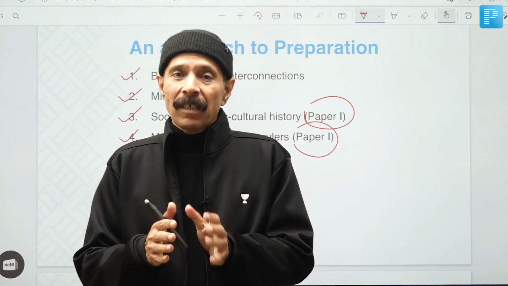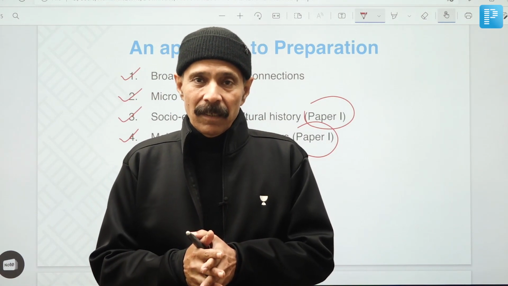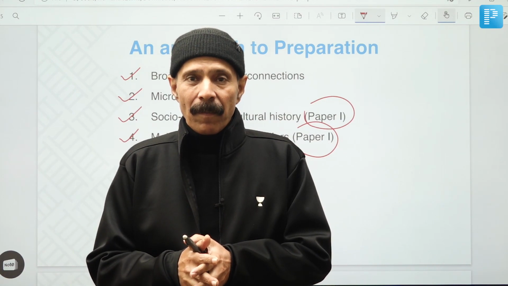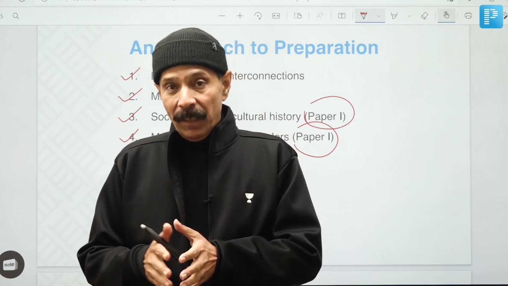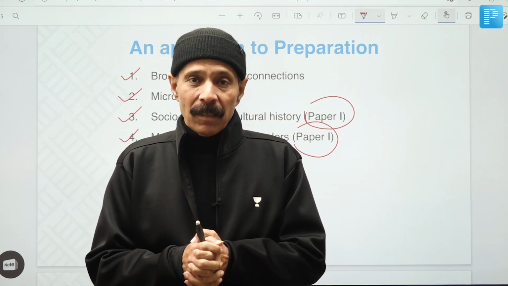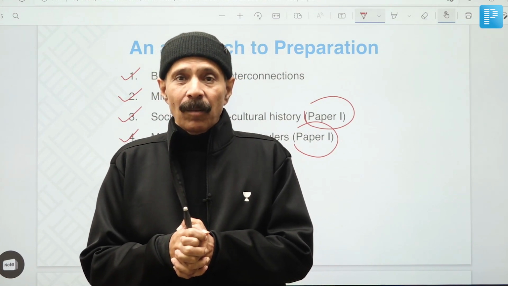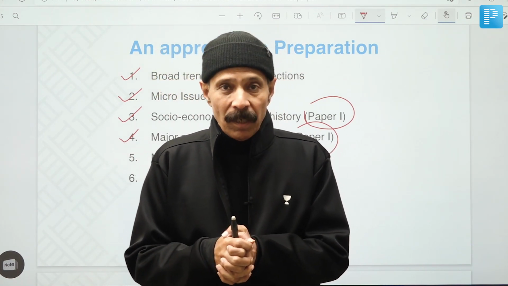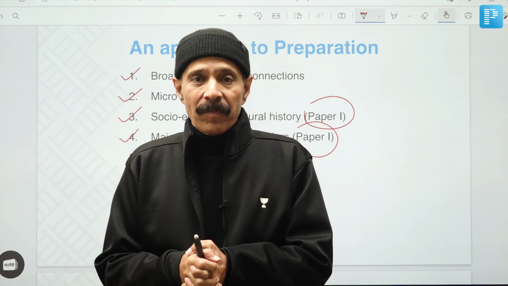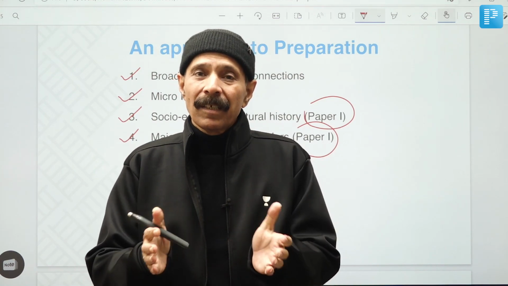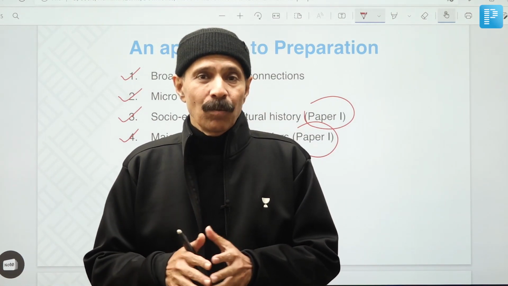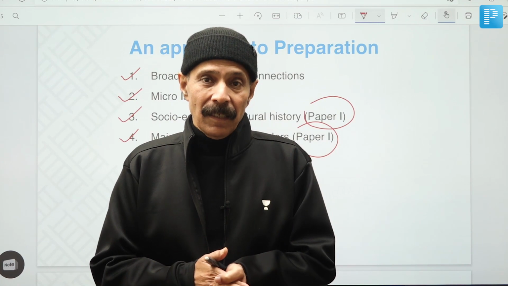Apart from Ashoka, you can consider Kanishka, Samudragupta, Harsha. In medieval Indian history, rulers like Iltutmish, Balban, Alauddin Khalji, Muhammad bin Tughlaq, Firoz Shah Tughlaq, Babur, Akbar, Shah Jahan, Aurangzeb. This means total about 10 major rulers if you focus on their policies. You are comfortable in handling issues related to that.